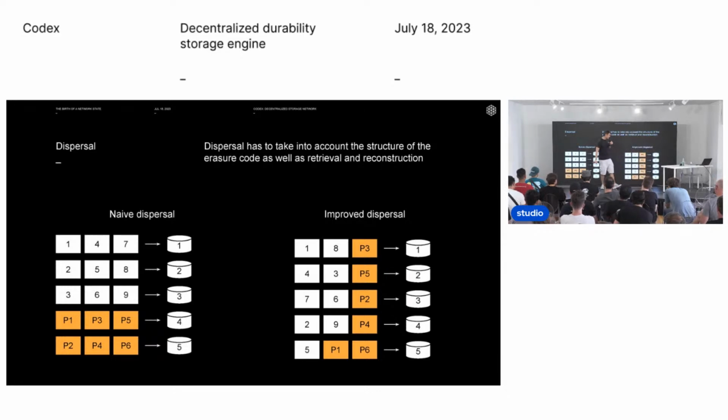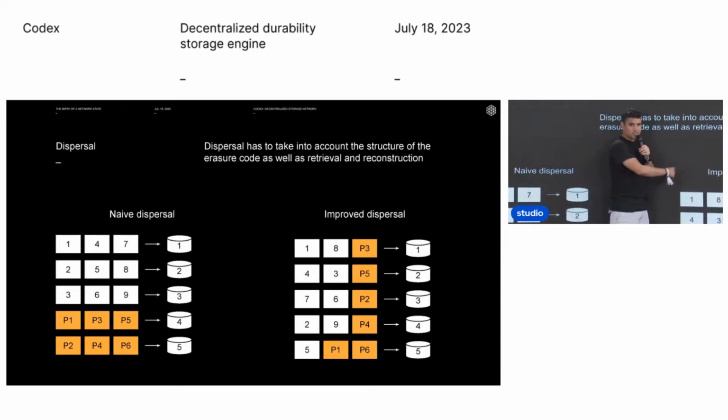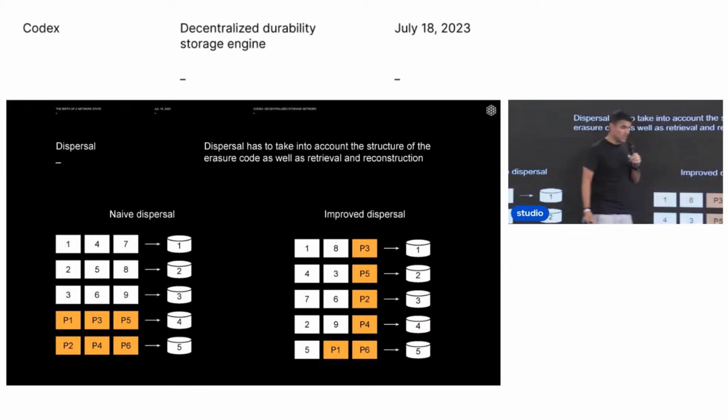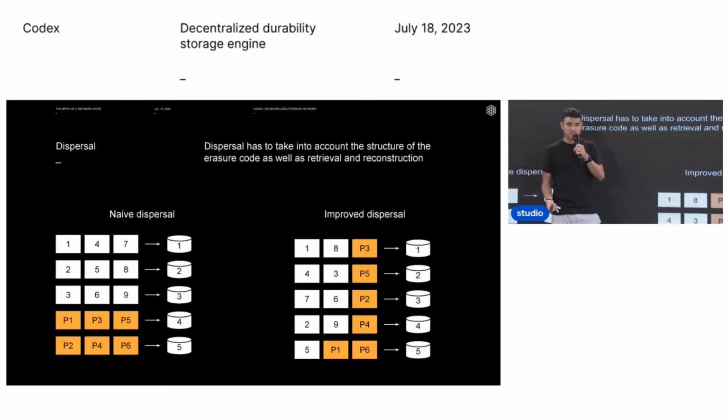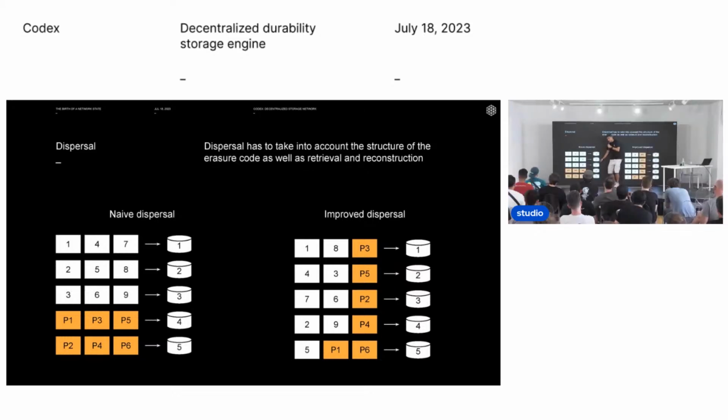So we use an improved dispersal strategy in which each storage node has a mix of both original data blocks plus encoded blocks. What this allows is that, first of all, when you want to download data sets or part of your data set, you are not only relying on these 3 nodes, but you will use all 5 nodes. So you are gaining bandwidth because all 5 nodes are adding bandwidth.